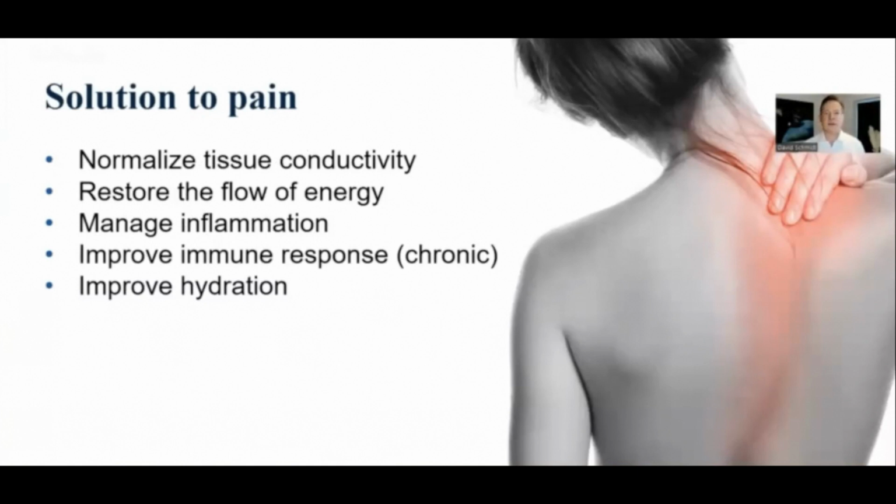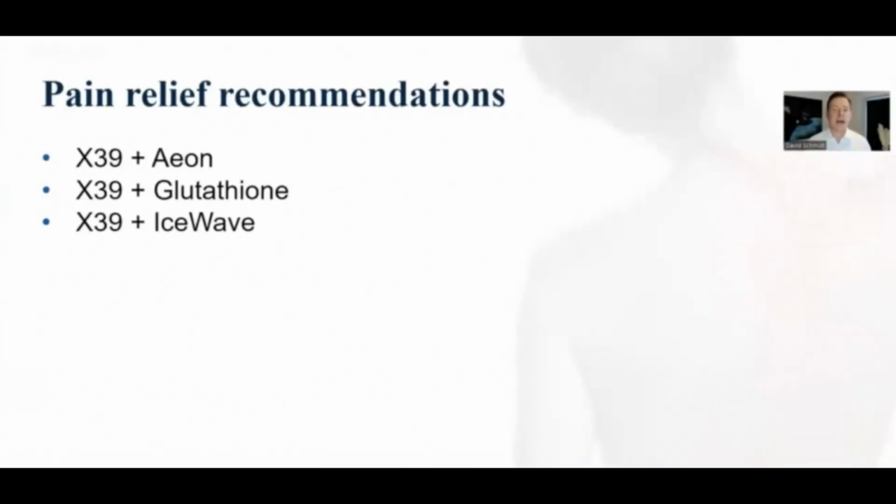All right, so where would we start in relieving pain? It's actually extraordinarily simple. From the perspective of using the patches, you can start with X39 either on the back of the neck or below the belly button, and then an Eon patch at the point of pain.